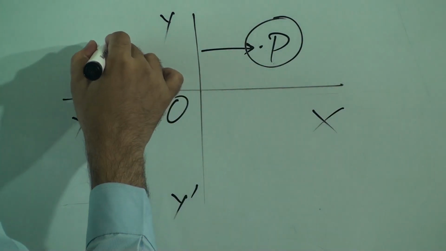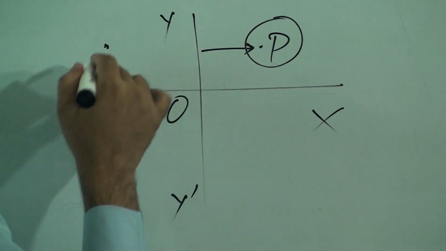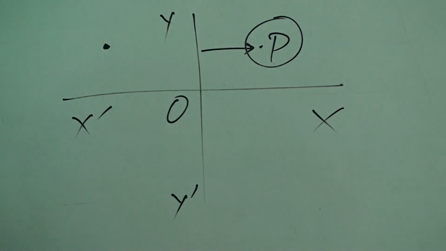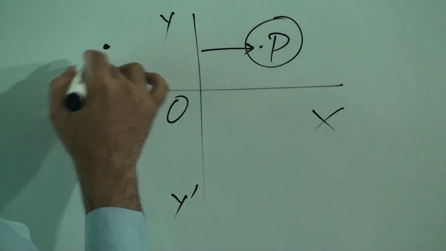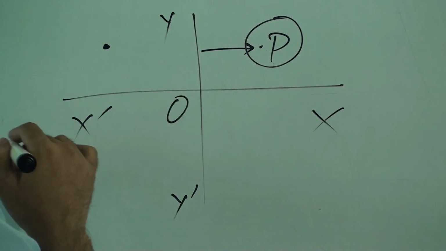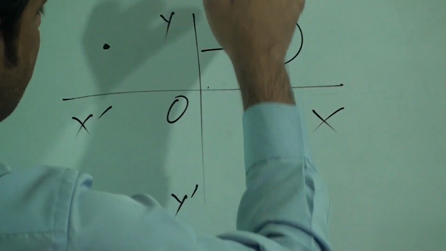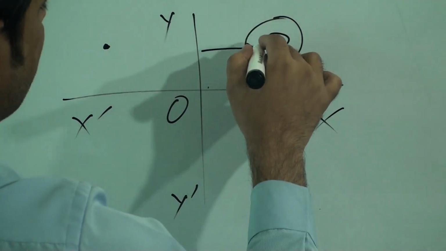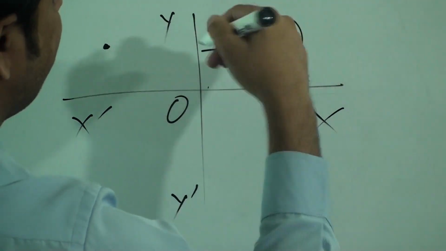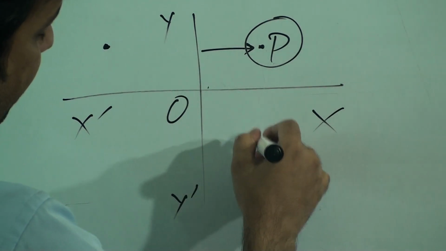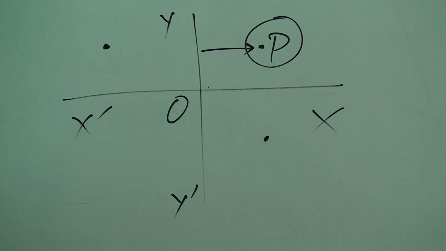If we put the point P here, on the left side of the y-axis, then the abscissa will be negative. If we put the point above the x-axis, then the ordinate will be positive. If we put it below the x-axis, the ordinate will be negative.